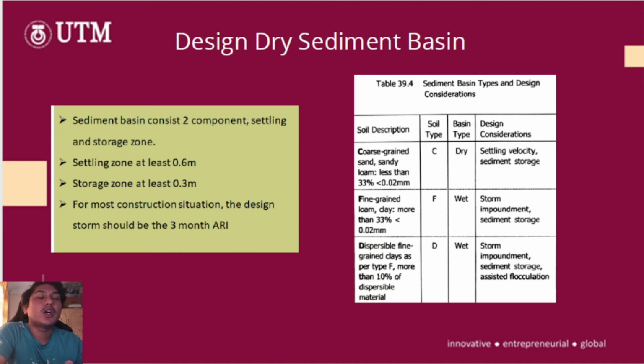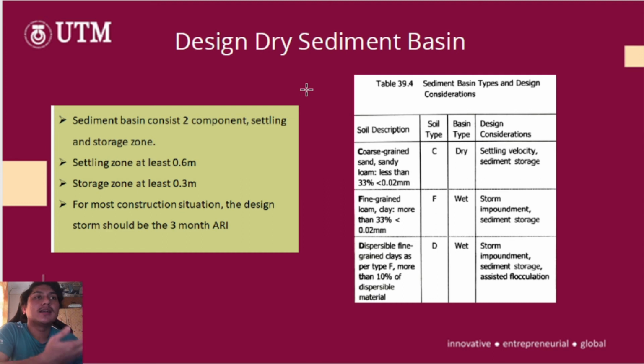A sediment basin consists of 2 components: the settling zone and the storage zone. We have to ensure the settling zone is at least 0.6 meter, and the storage zone at least 0.3 meter. For most construction situations, the design storm should be 3 months ARI.